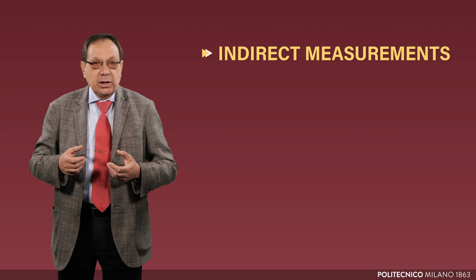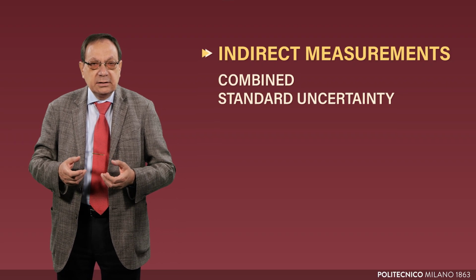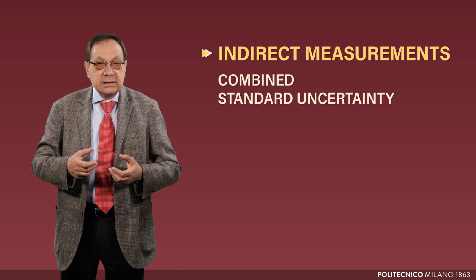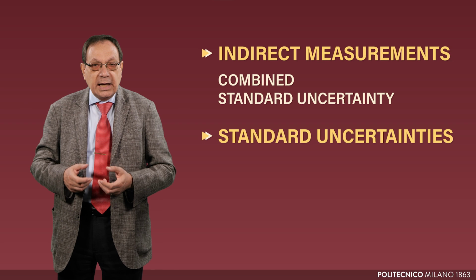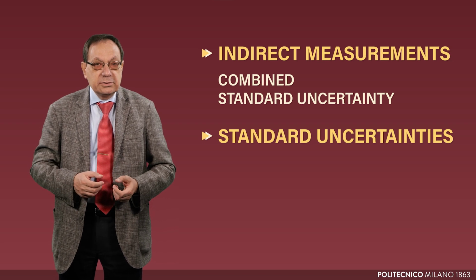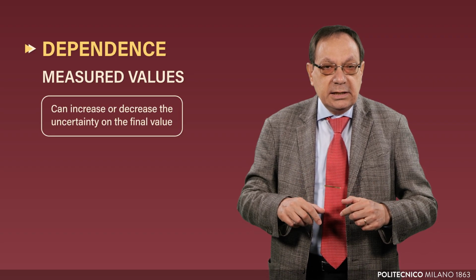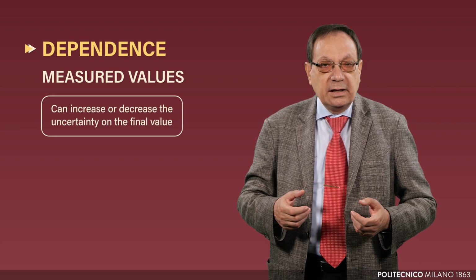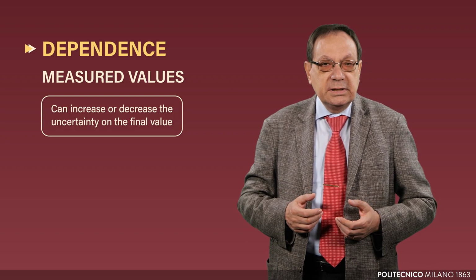To summarize, we have seen how to obtain, in the case of indirect measurements, the combined standard uncertainty to be associated with the result of the indirect measurement, starting from the standard uncertainties associated with the directly measured individual values. We have also seen that any dependence between the measured values can increase or decrease the uncertainty on the final value compared to the case of completely independent measurements.